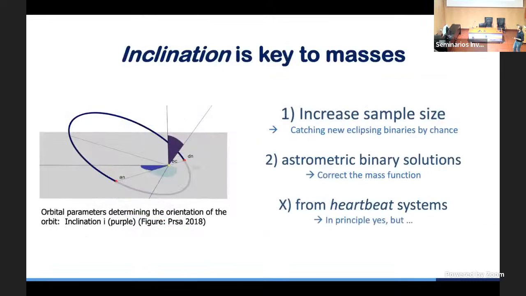So how to get the inclination? There are several ways. First, we can do it the traditional way of increasing the sample and hoping for the best. But if you remember the latest results of Gaia, that might be a bumpy road.